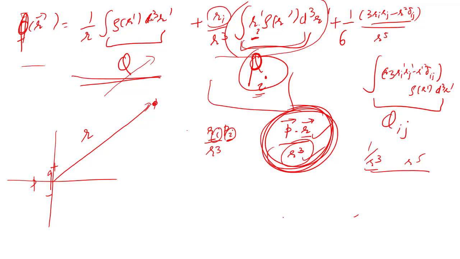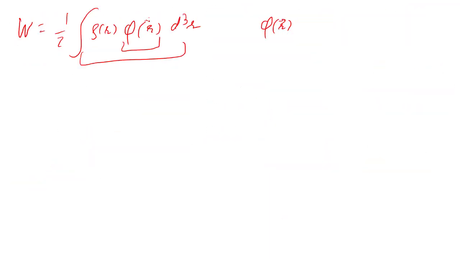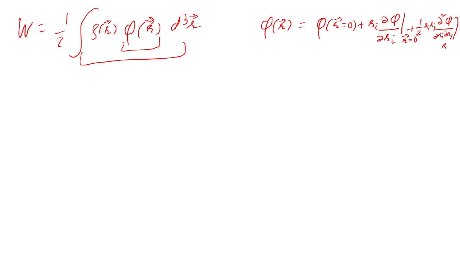These are all vectors in general. So if I Taylor expand this at r is equal to 0, then I would have this plus ri dou phi by dou ri at r is equal to 0, plus similarly half ri rj dou square phi by dou ri dou rj at r is equal to 0.